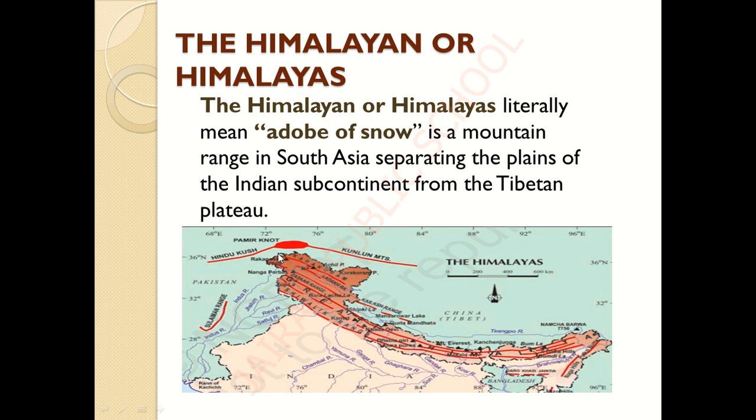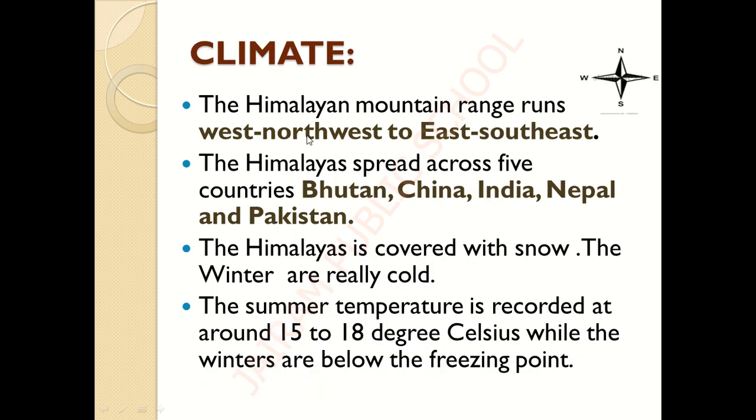This range starts in the west and entirely spreads towards the east direction. So the Himalayas spread from the west to the east. I have given here northwest to southeast. Why?